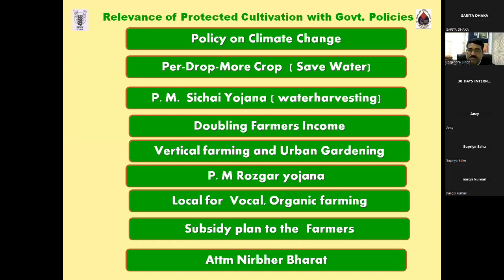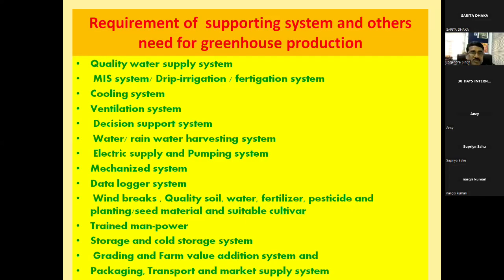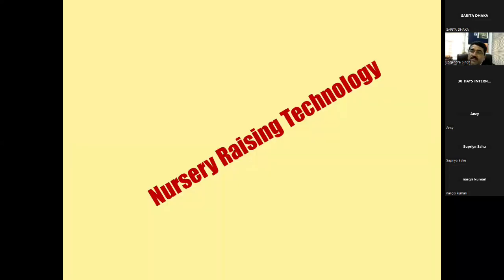So these are pre-built in the government policy also. These are the beauty of protected cultivation. So these are the basics about protected cultivation: what is the need and other requirements, engineering part, design part, and everything.